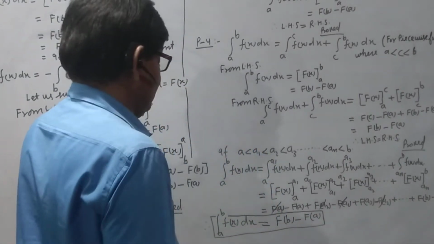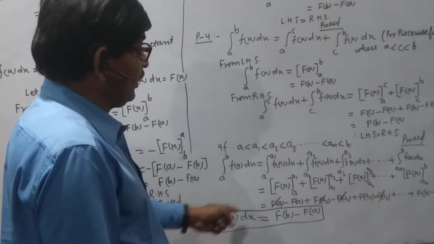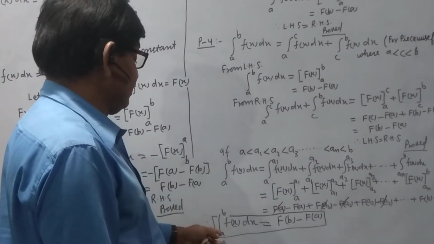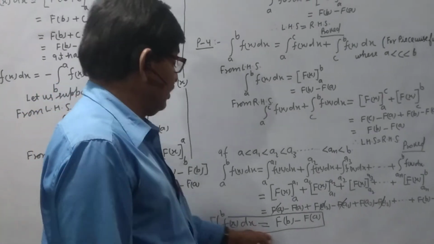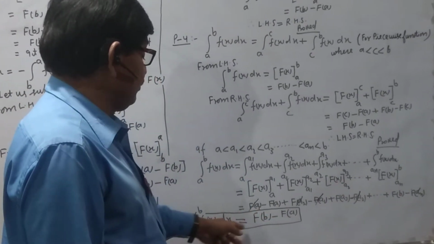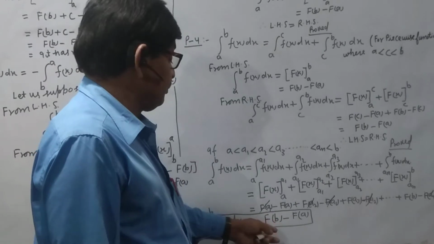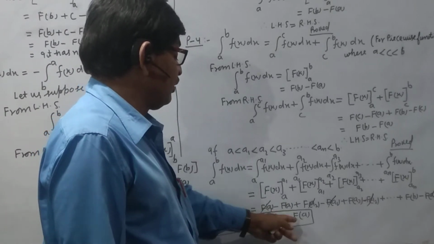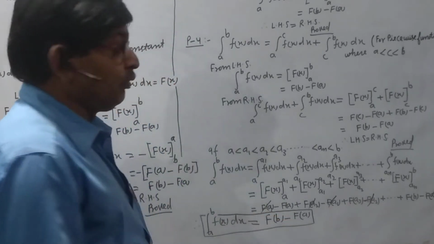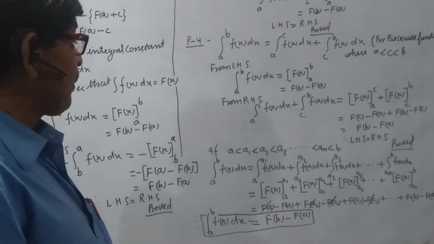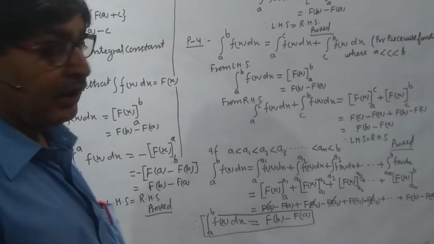So this limit can be broken into n parts, and their area will be this, taking the upper and lower limits. Now we take property number 5.